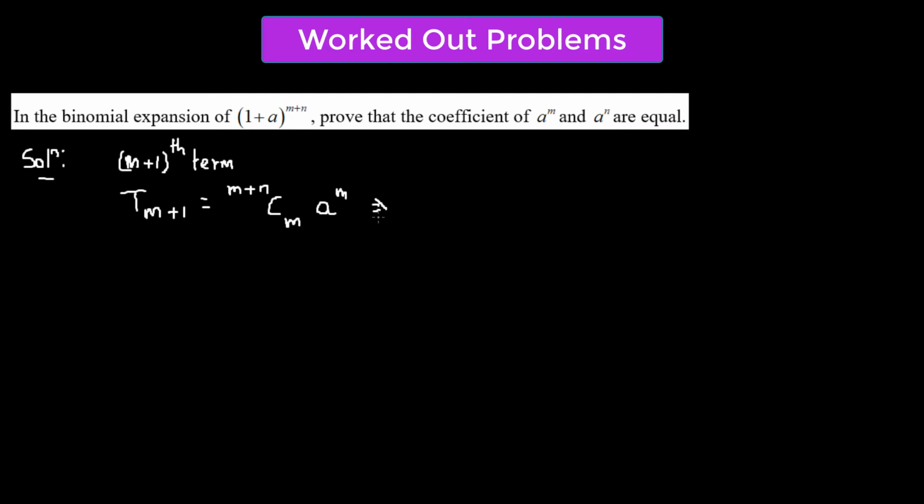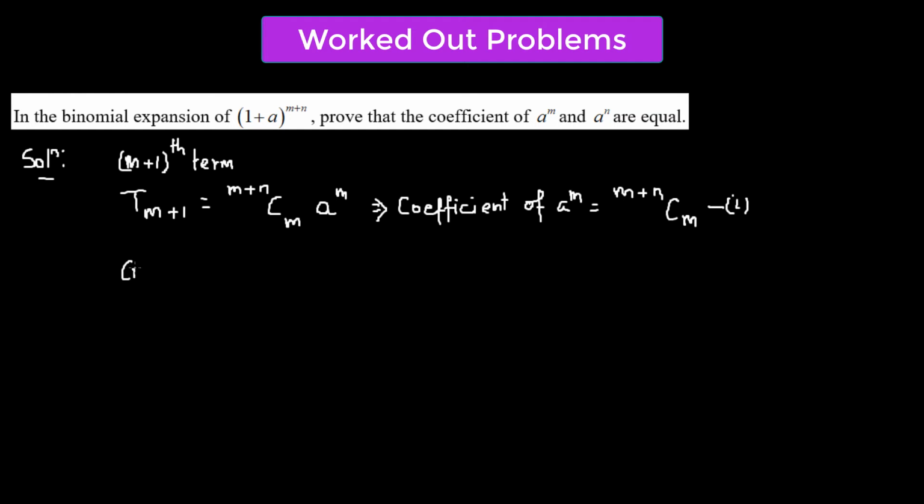So this would mean that the coefficient of a raised to the power of m is equal to (m+n) Cm. So this is our equation number 1.